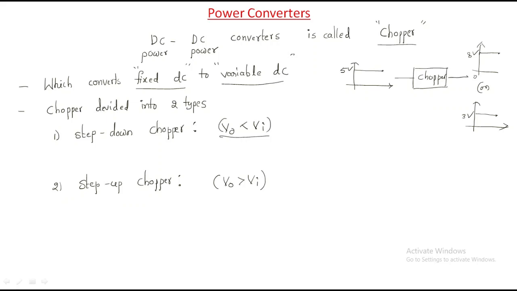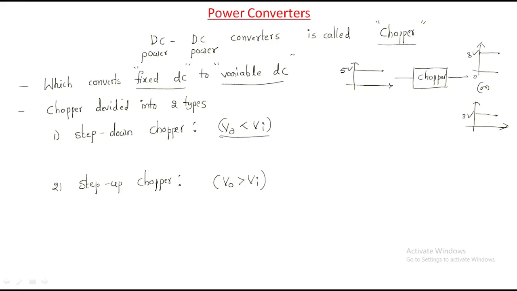First, what is a DC to DC converter? The device which is used to convert fixed DC to variable DC is known as the power converter. In this unit we will discuss DC to DC converters. Another name of DC to DC converter is the chopper.